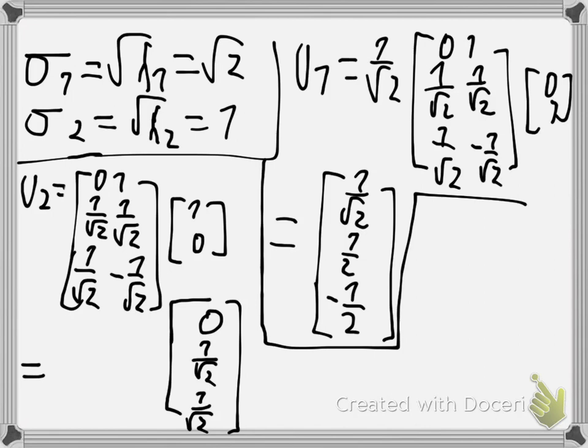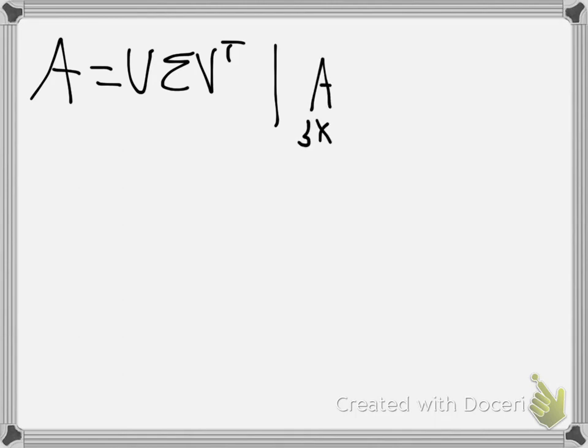Okay, and now I need to find u3 because remember the singular value decomposition is A equals U sigma V transpose. Sigma is of the same size as A, so A is a 3 by 2 matrix, so sigma is also a 3 by 2 matrix.